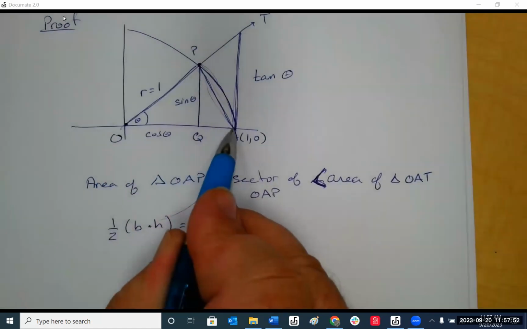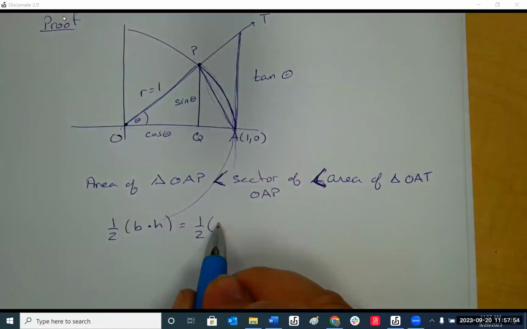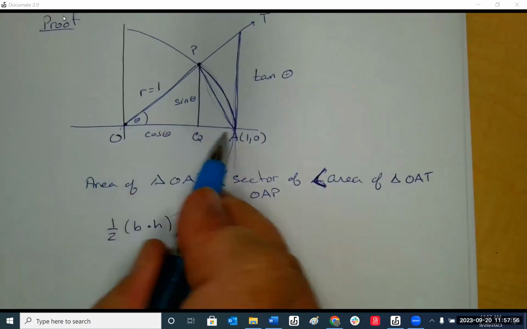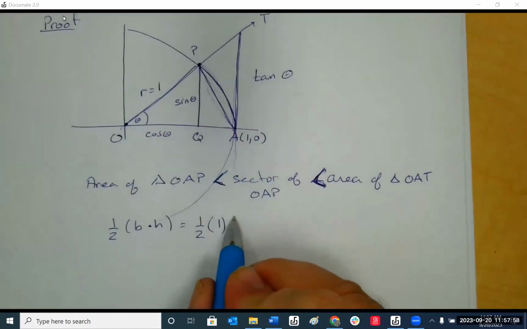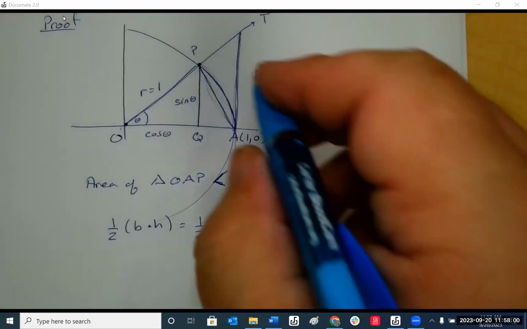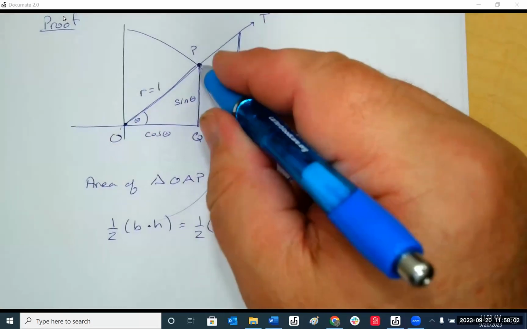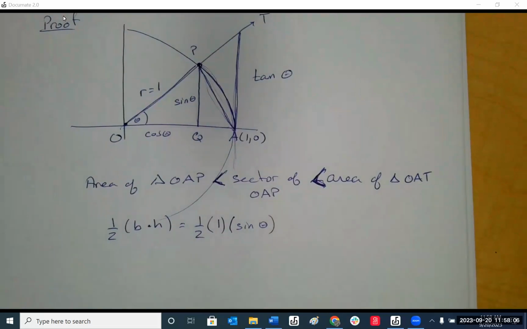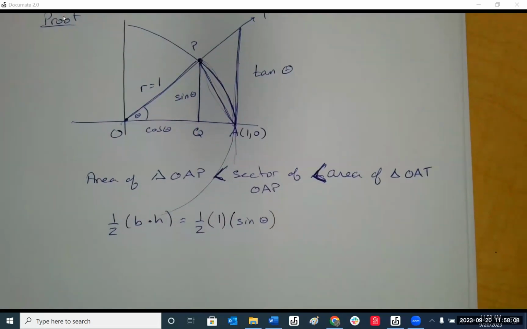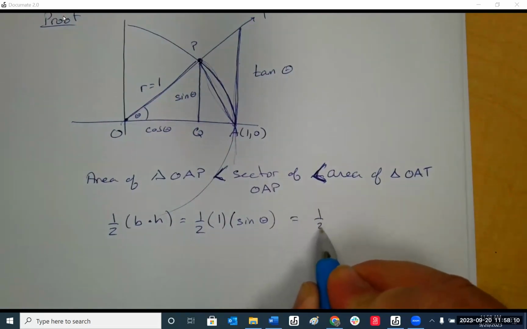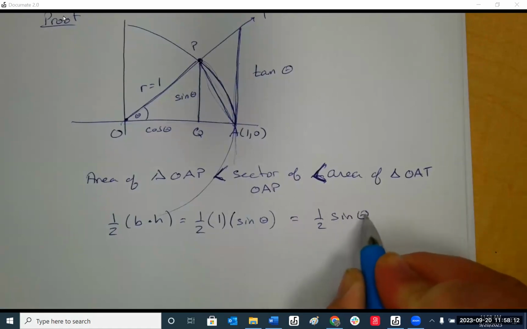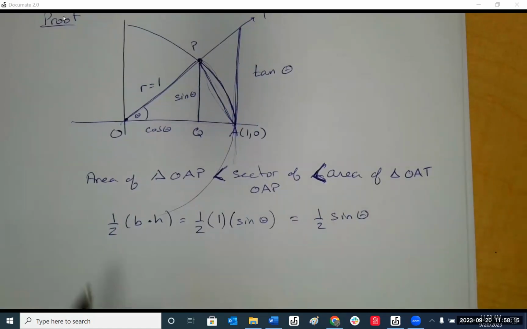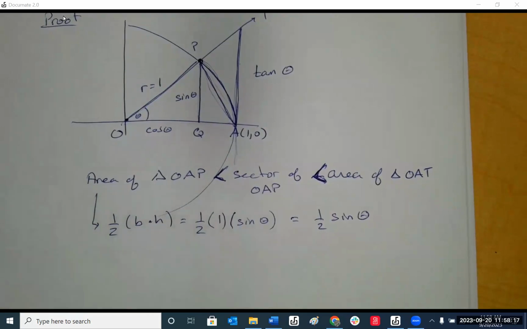The base is 1, because that's the radius. And the height is sine theta, which is equal to 1/2 sine theta. So that's this part. That's the area of OAP.